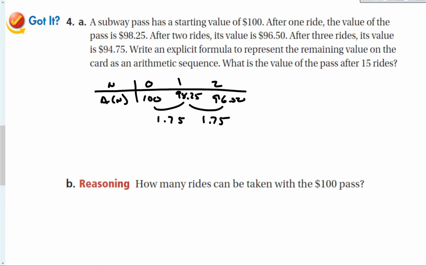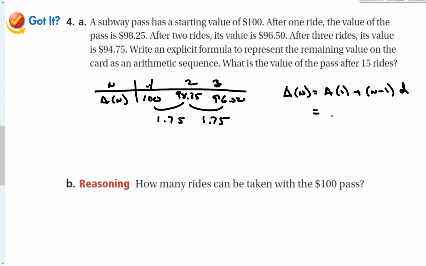So let's not confuse you like this. Let's write these normally: first term, second term, third term. So A of n is going to be equal to A of 1, the first term, which is why I wanted to label this as the first term, plus n minus 1 times d.